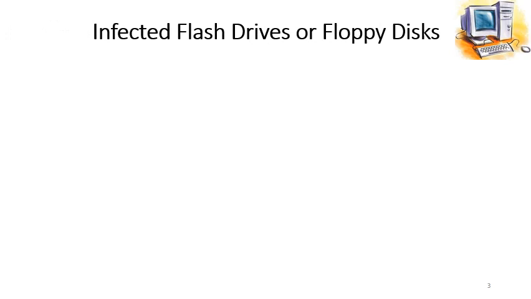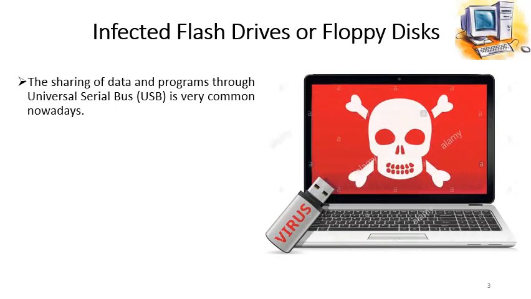The first one, that is infected flash drives or floppy disks. This is the main cause of spreading viruses and other security threats. The sharing of data and programs through universal serial bus USB is very common nowadays. In the past, floppy disks were used for this purpose, but nowadays floppy disks are obsolete.